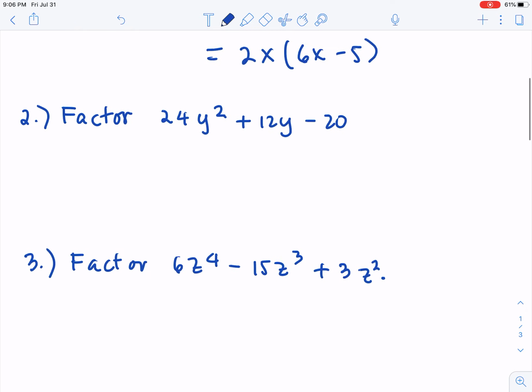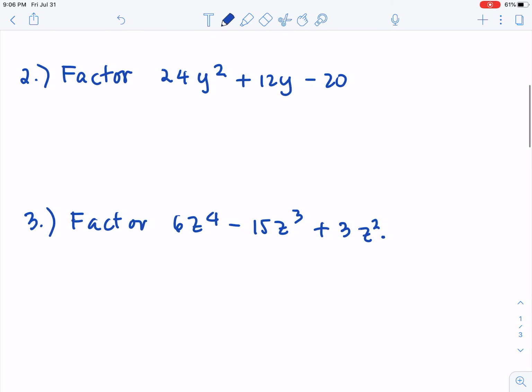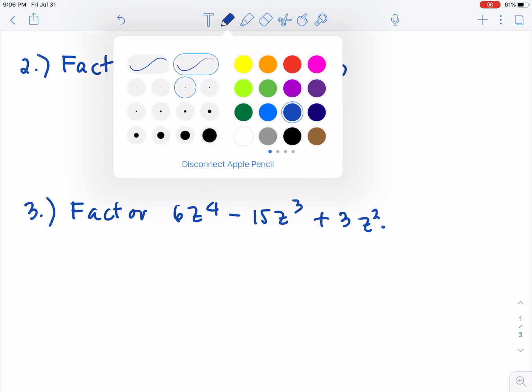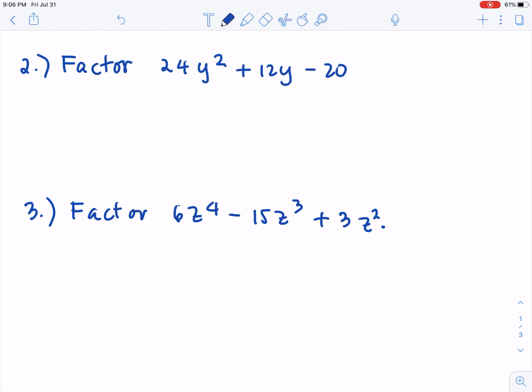No? This one is 24y squared plus 12y minus 20. Sa number, ano ang mas madali kunin? Ano ang GCF ng 24, 12, tsaka 20? That's 4, di ba? So, pwede nating ilagay yung 4 as factor ng bawat numerical coefficient ng bawat term.